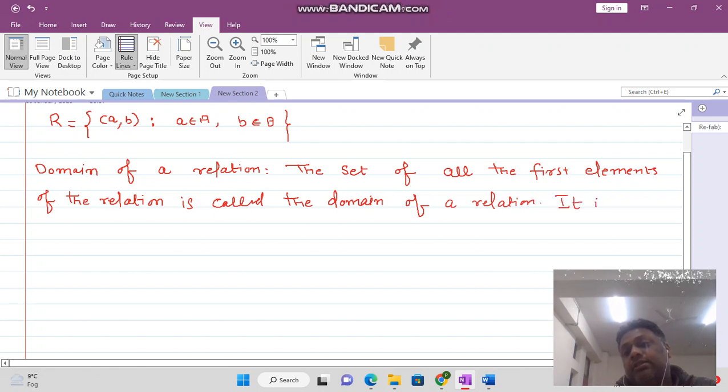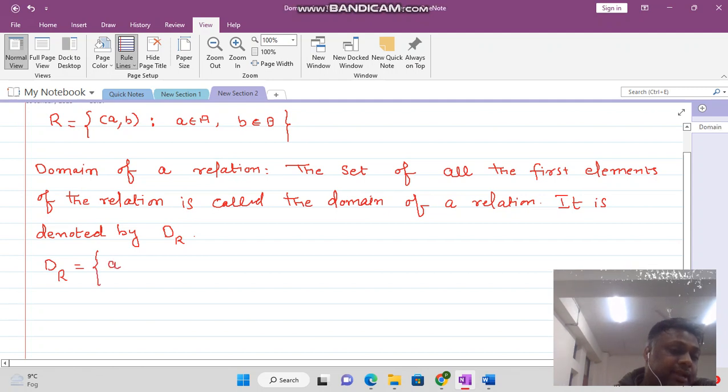It is denoted by D subscript R. In D R, meaning the domain of the relation, we have elements a, which is actually the first element of this relation.